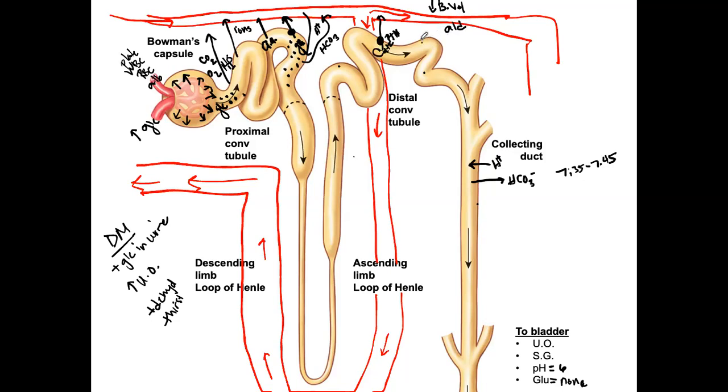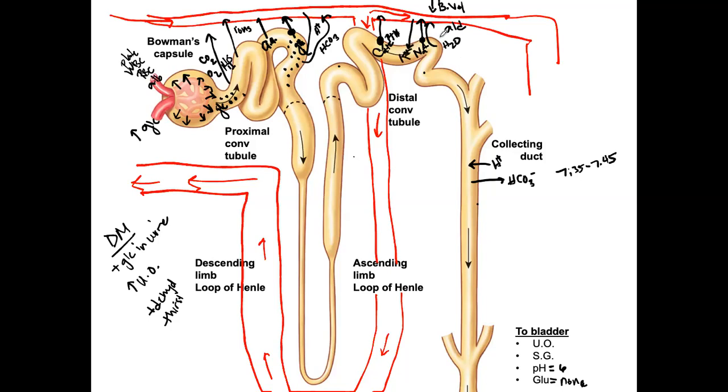Aldosterone is going to cause you to pull in sodium, and I would write it in a different color, and what's going to follow it? Good, water is going to follow it. Also, I want to add to that you kick out potassium, right? So you kick out potassium because of aldosterone as well.